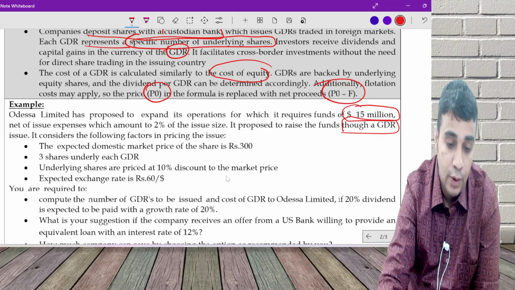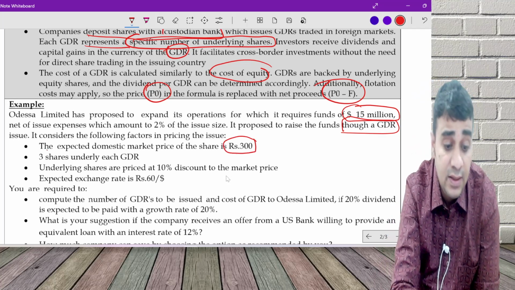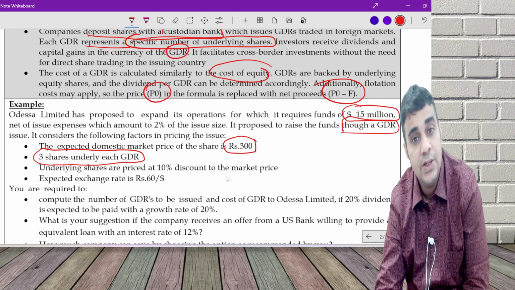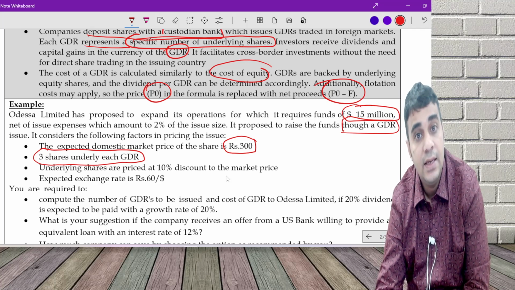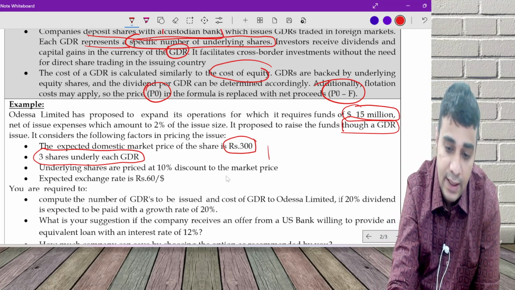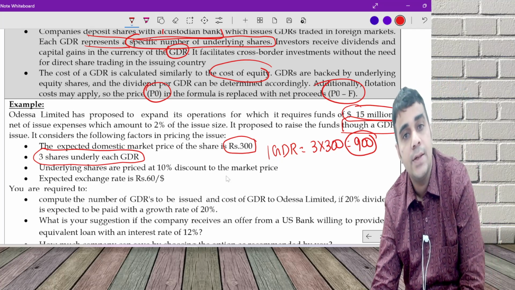Following data: the domestic price of the share is 300. Three shares underlie each GDR, so one GDR is equal to three shares. 3 into 300, one GDR is 900 rupees.